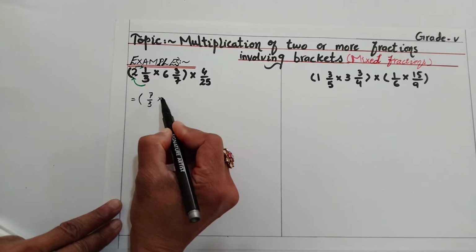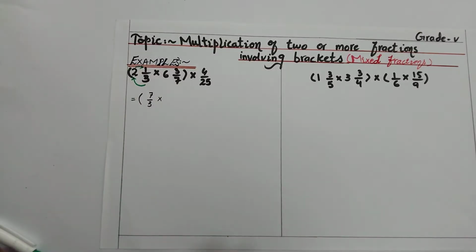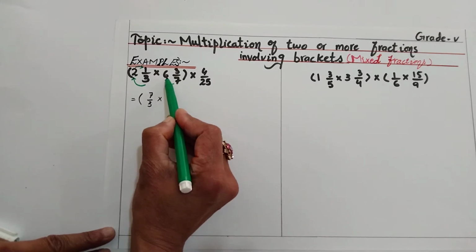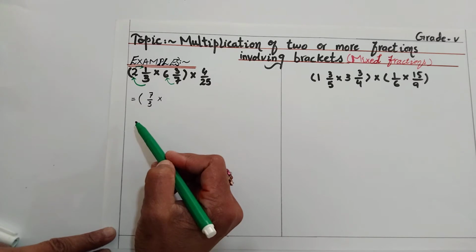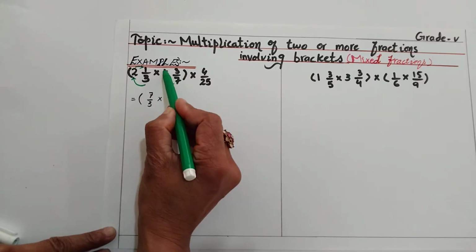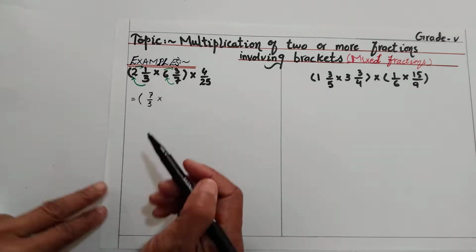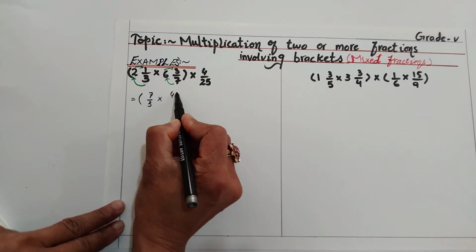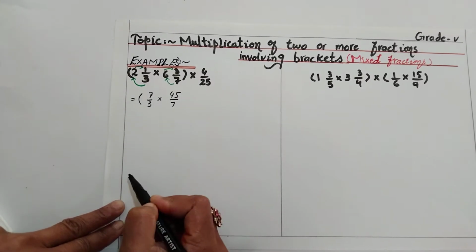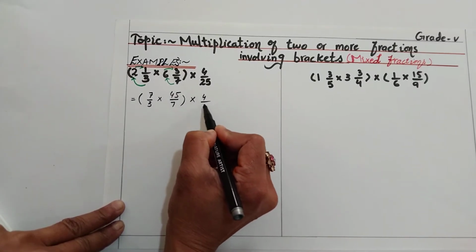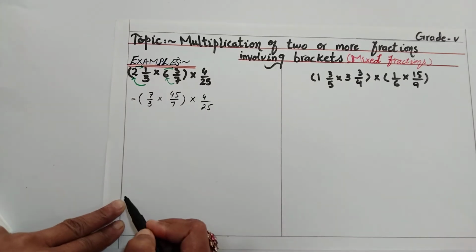Multiply by the same, we multiply the denominator by the whole number: 6 7s are 42, and 42 plus 3 is 45, and the denominator is 7. We will close the bracket and the third one will be as it is.